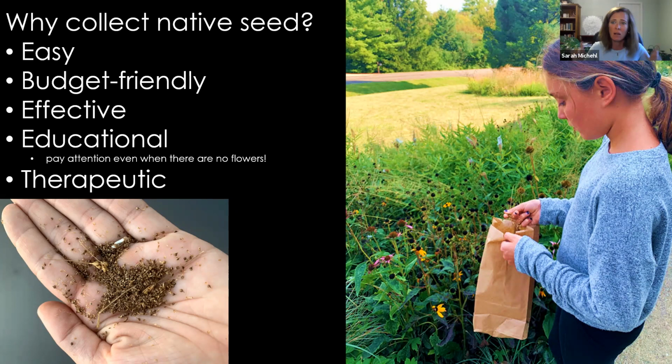Animals eat things, all kinds of things happen, but it is very effective in the long run to see what seeds do come up. And it's really educational when you start interacting physically with your plants. It's really interesting when you start to learn about them.